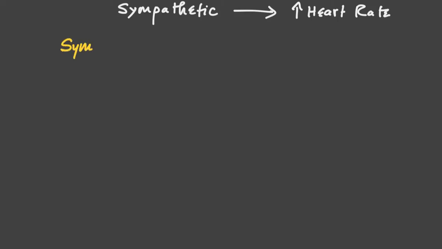Whenever you exercise, your heart rate goes up. This is because the sympathetic nervous system is turned on and it acts on the SA node, causing it to raise the heart rate. So let's see how that happens. Here we have sympathetic stimulation of the SA node.